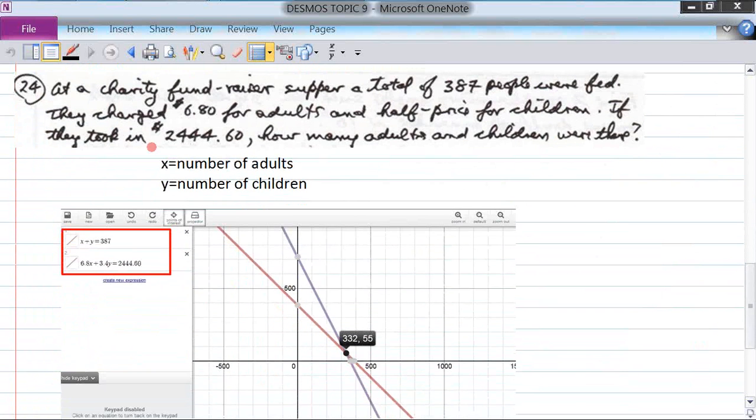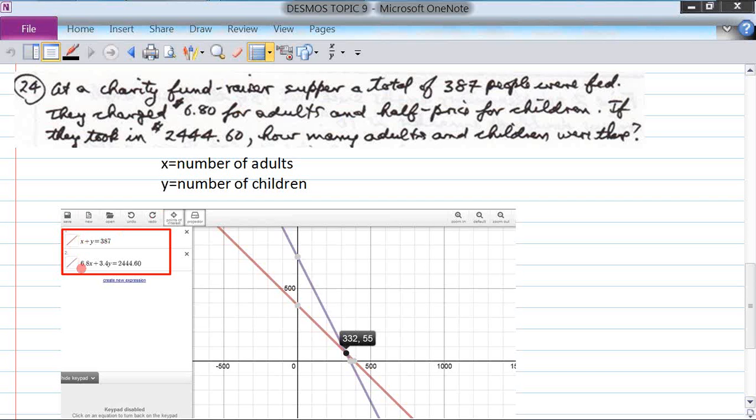Now, number 24. At our charity fundraiser supper, 387 people were fed. So if X is the number of adults and Y is the number of children, X plus Y equals 387. Now, they charge $6.80 for adults.